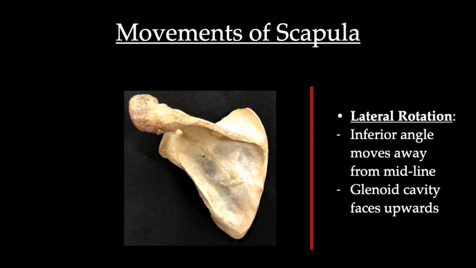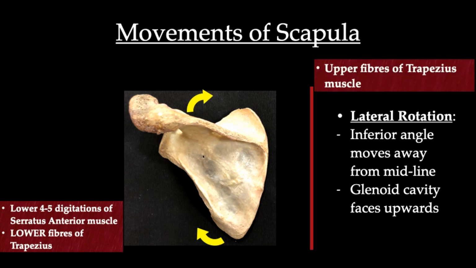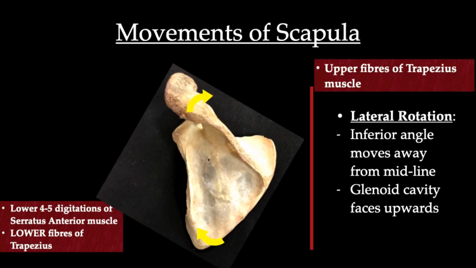This happens whenever the muscle pulls the inferior angle laterally, which is done by lower 4 to 5 digitations of serratus anterior muscle along with the lower fibers of trapezius, and simultaneously the lateral angle of scapula must be pulled upward and medially, which is done by upper fibers of trapezius. So you can see that this is lateral rotation of scapula in which inferior angle has moved away from the midline and glenoid cavity is now facing upward.